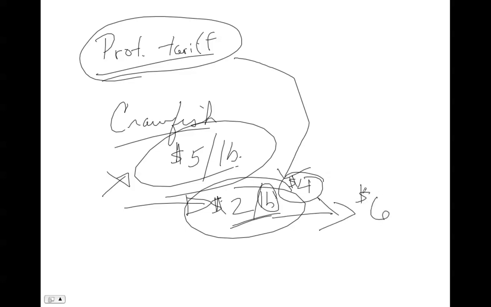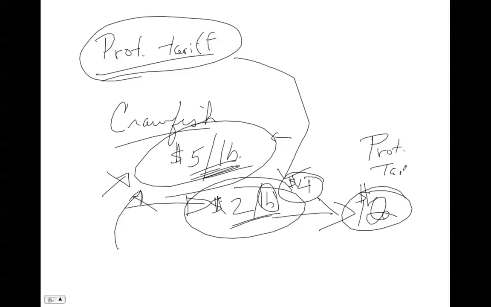That this goes up to $6, or actually it would be more, because if you did $4 per pound, it would be $12. Then people would buy your crawfish. Now we all know Louisiana crawfish is better, but let's say the Chinese crawfish are pretty good, and it's hurting the Louisiana crawfish. So this is what we would call a protective tariff.